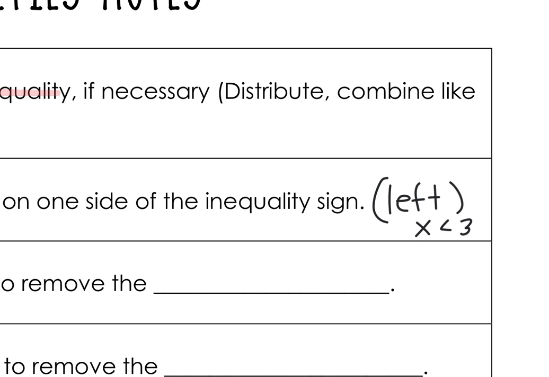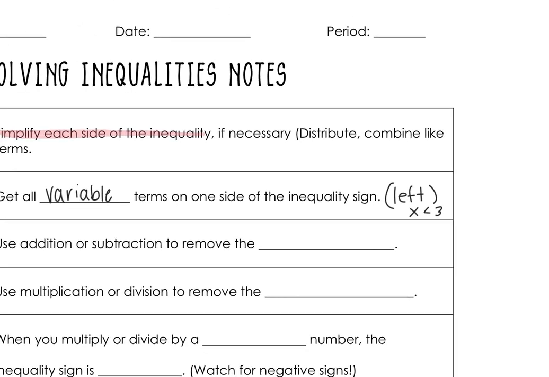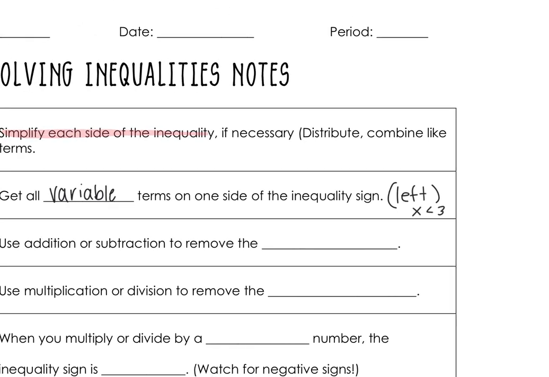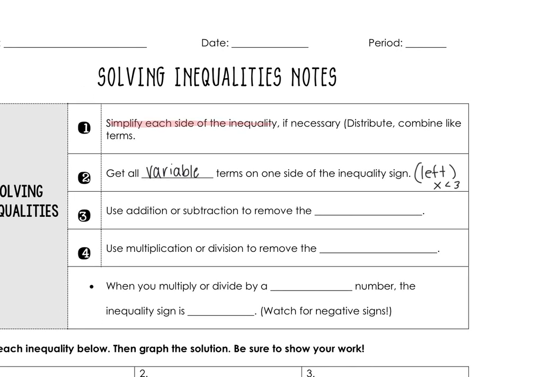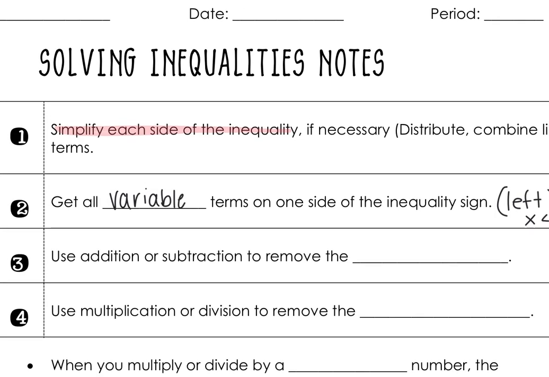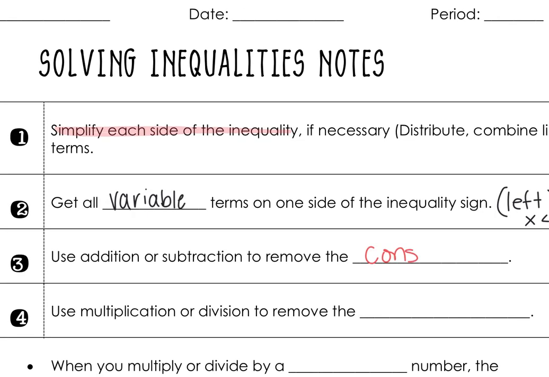Does that make sense? So when we move all of our variables, let's go ahead this time and just move them all to the left. Once again, if you don't, it's okay, but then you'll have to turn it around at the end. Okay? After you have all of your variables on the left side, then we are going to undo that constant. So we will use addition or subtraction to remove the constant.